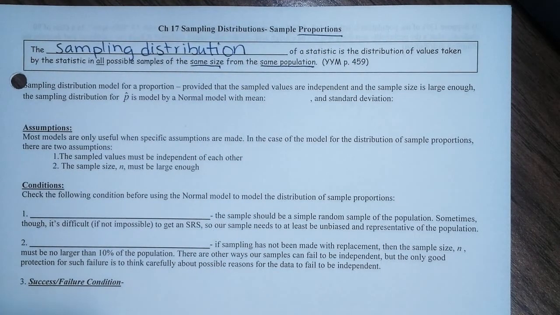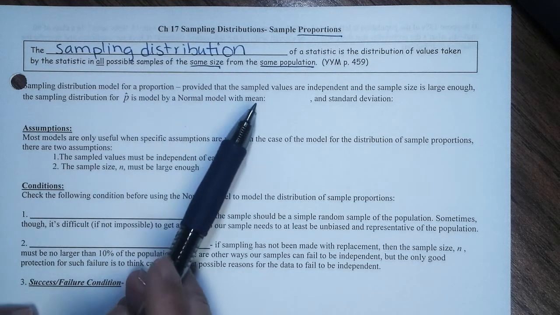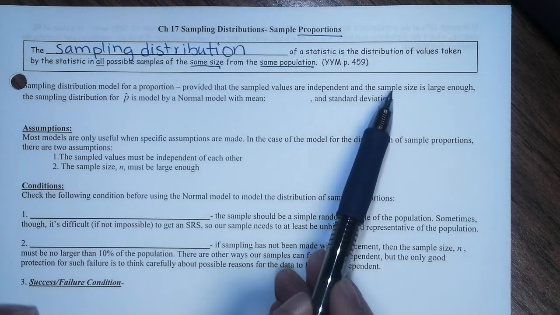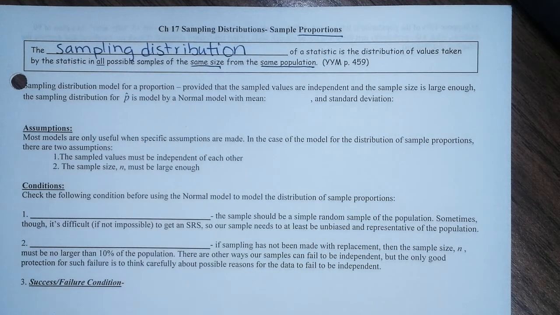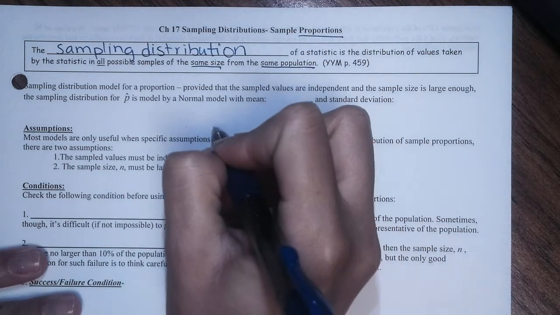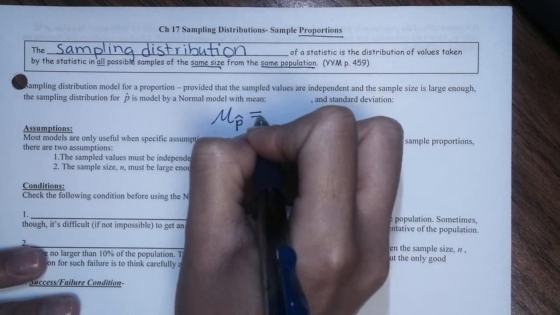Here it is again. Here's the new thing for proportions. The sampling distribution for a proportion, provided that the samples are independent and that the sample size is large enough, has these formulas. Here they go. I guess you just need to write down the formulas. The mean of the p hat equals p.